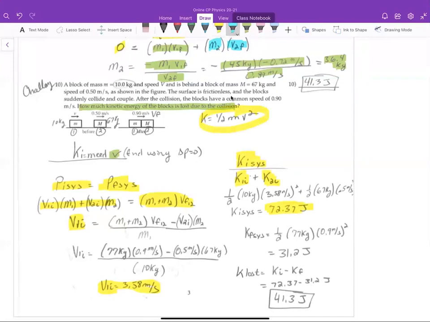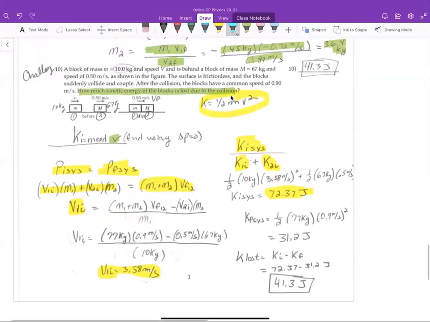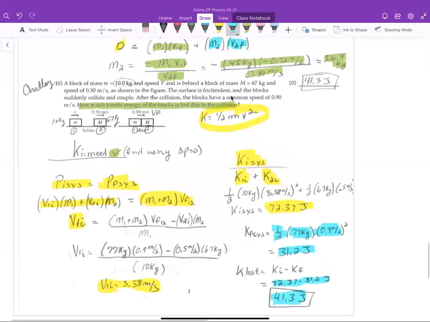The kinetic energy final of the system is the mass of the 2 objects added together, 10 plus 67, times its velocity squared, times 1/2, 31.2 joules. They wanted to know how much was lost. Notice it went down. 72 minus 31, 41.3. That is the answer.